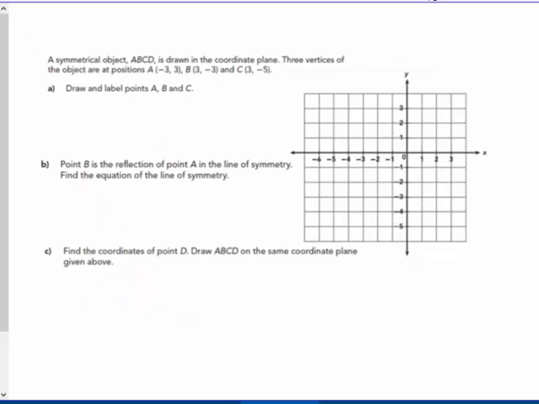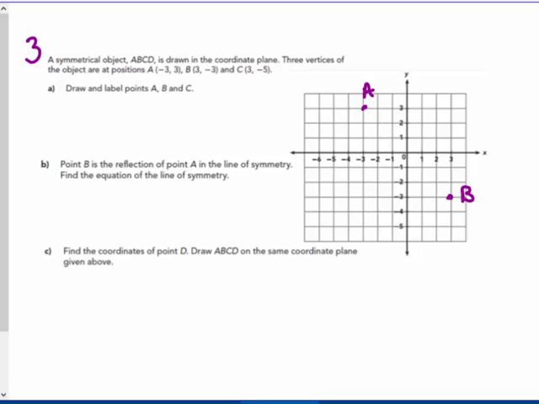Number 3. A symmetrical object, ABCD, is drawn on the coordinate plane. 3 vertices of the object are at positions A, -3, 3. B is at 3, -3.